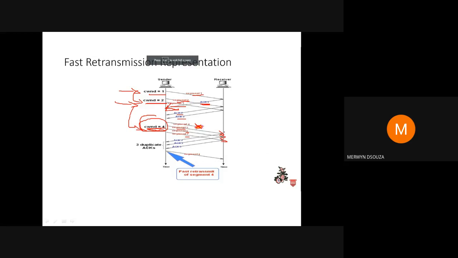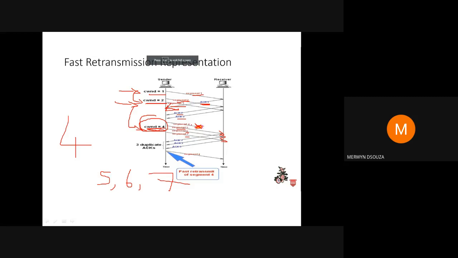Since segments 5, 6, and 7 arrive successfully at the receiver's end, it means that segment 4 has been lost due to some transmission error, but not due to congestion.